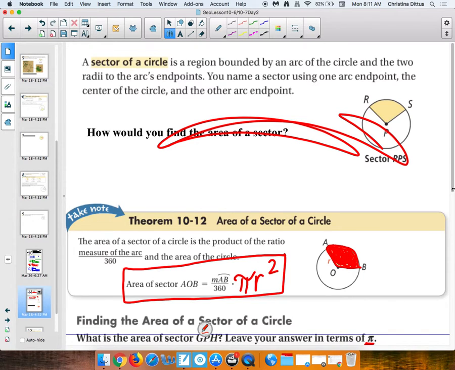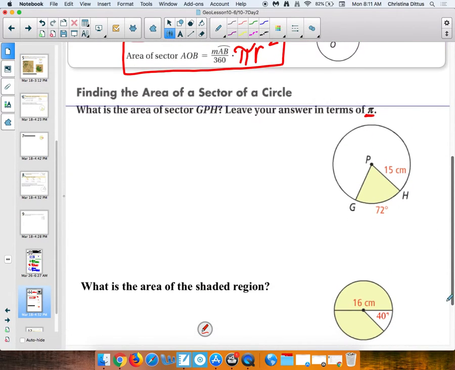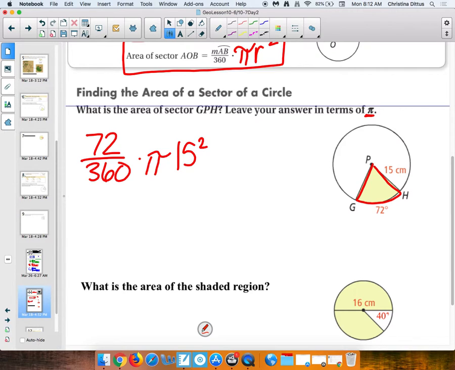Okay. So if I look at this section right here, what measure is associated with that? So I'm going to take 72 over 360 times pi. What is my radius? 15, so pi times 15 squared. Good, 1/5.